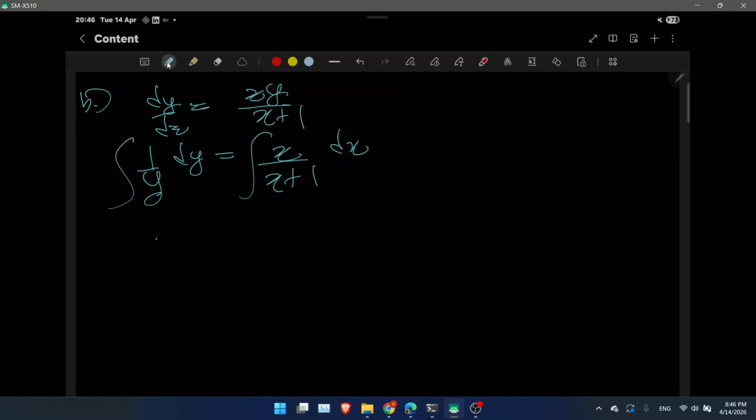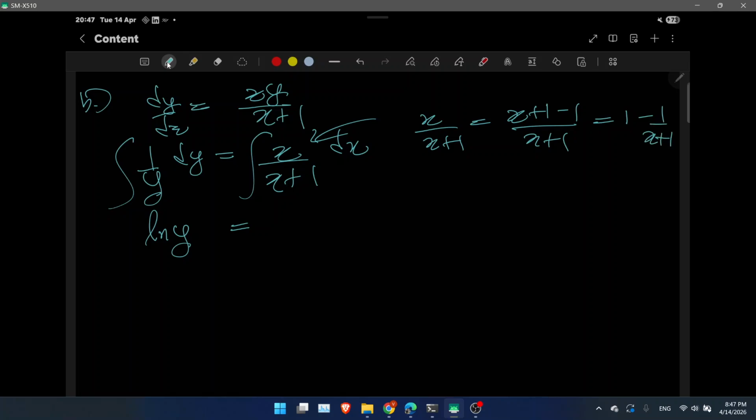If you integrate 1 over y, it's ln y. If you want to integrate the right side, you can rewrite x as x plus 1 minus 1, over x plus 1. So it's simply 1 minus 1 over x plus 1. So I can rewrite it like this: 1 minus 1 over x plus 1 dx.